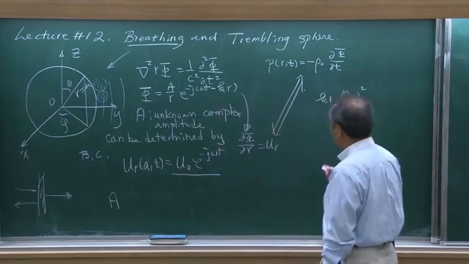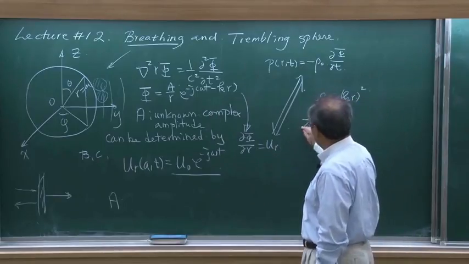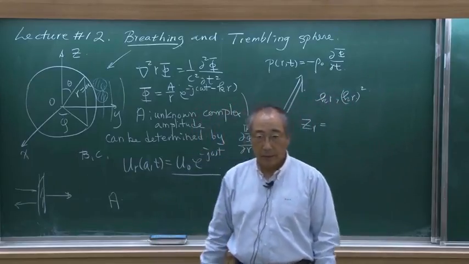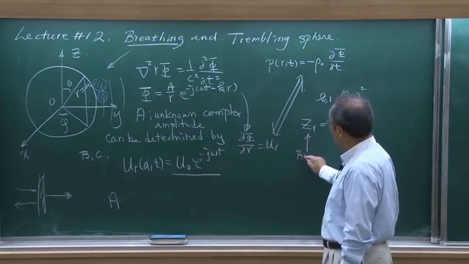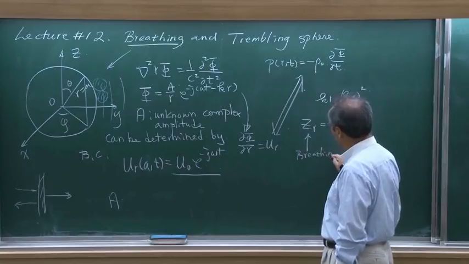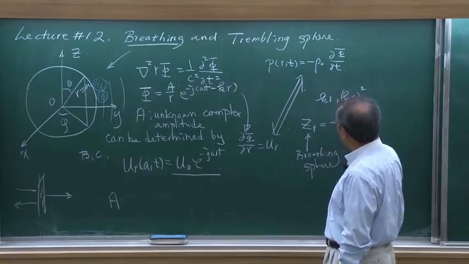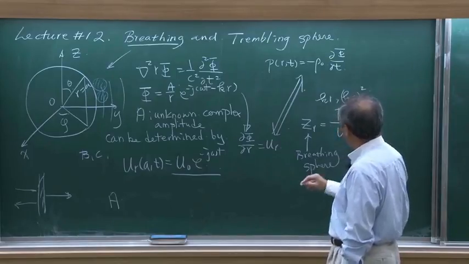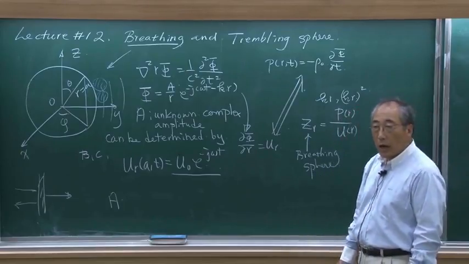And it is very useful to see the physics through radiation impedance, ZR. So let's look at the radiation impedance of the breathing sphere, which is simply the pressure at r divided by the velocity at any point along the space r.